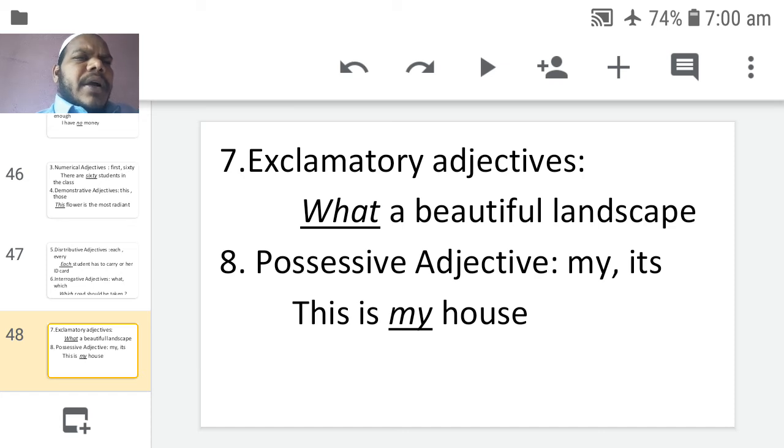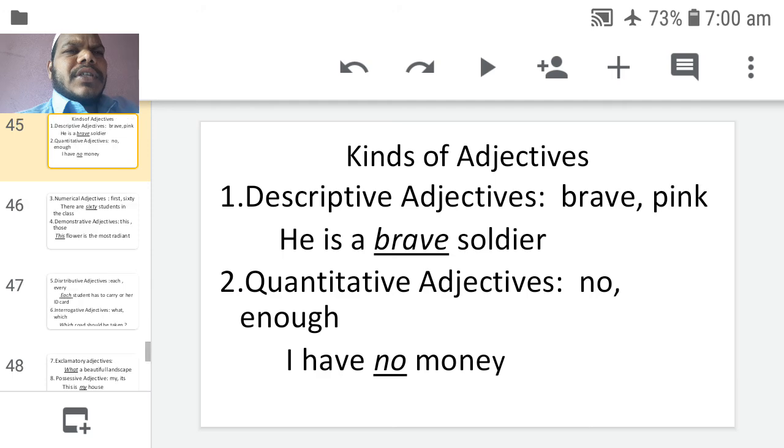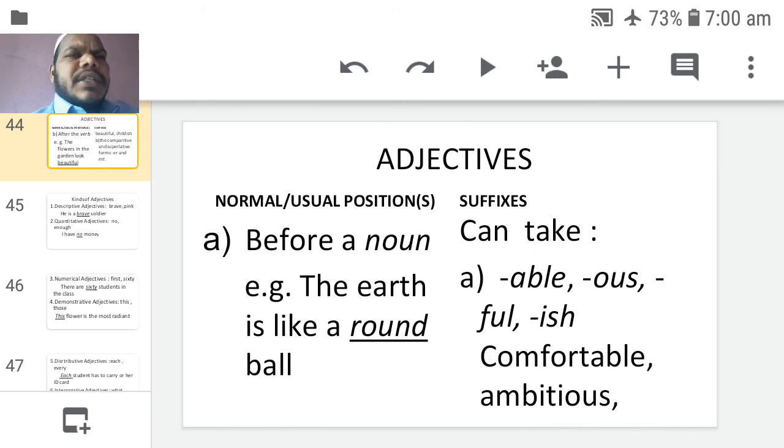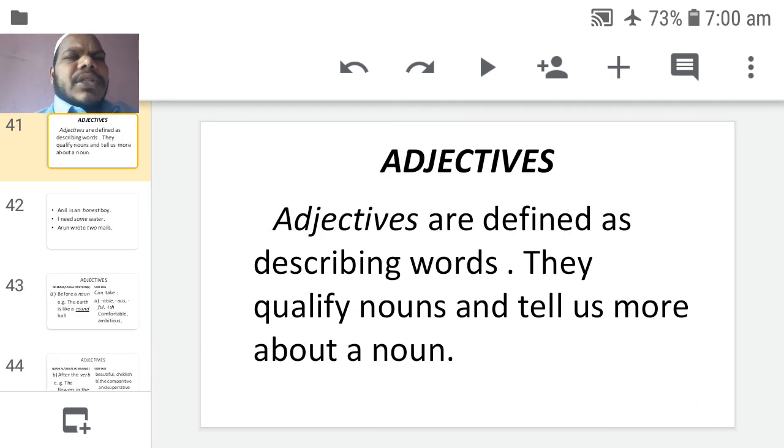So we have seen how words are described based on their function and usage, and we have seen that adjectives are nothing but describing words. They qualify nouns and tell us more about the noun.